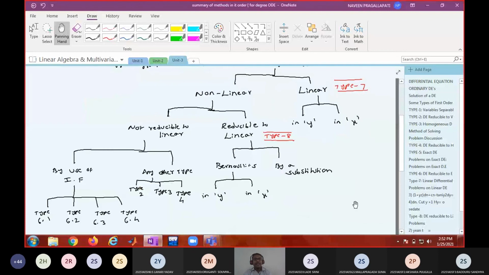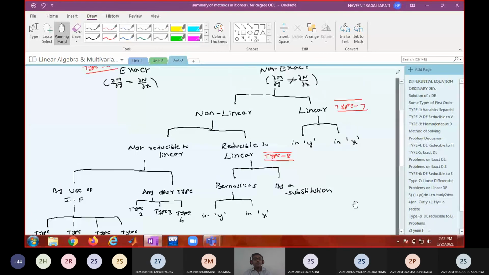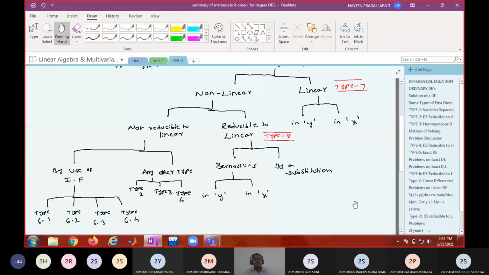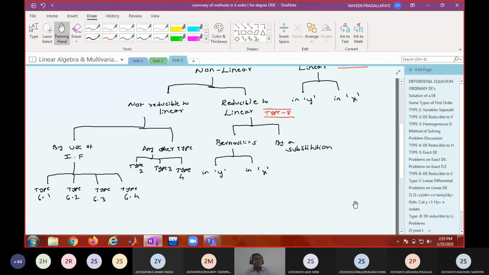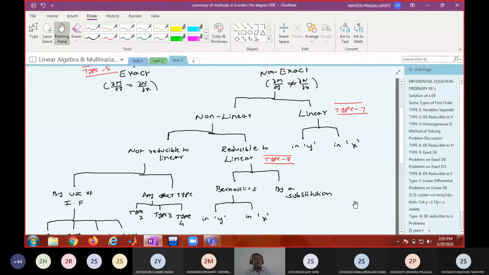All of you copied this tree diagram. Please respond. Yes, sir. Right.